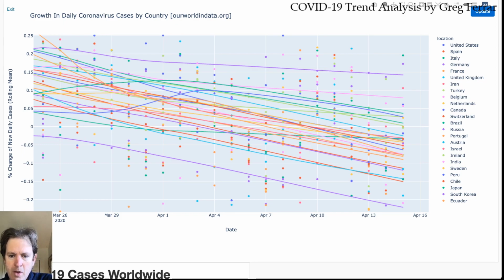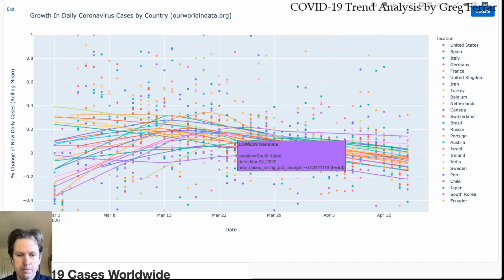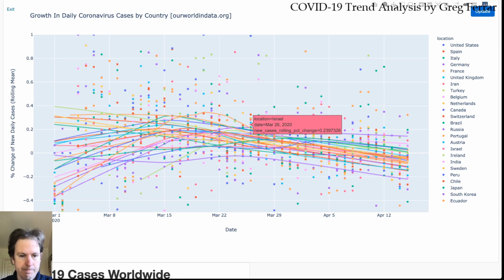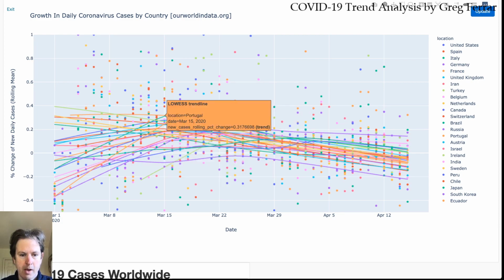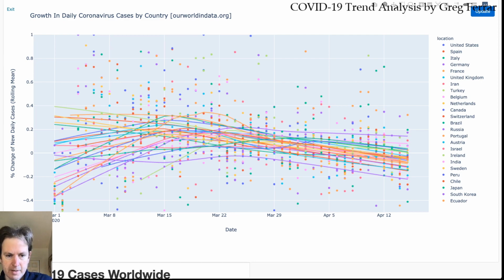And looking at the world as a whole, again, this has been consistent for some time now, including, arguably this has been, we could see this coming as early as March 15th. Until then, all these lines were really headed upward, and it looked like, sure, this might blow up and we might end up getting 70% of the world infected.